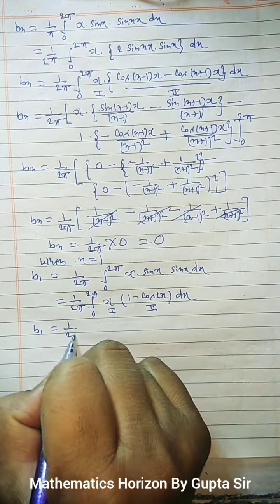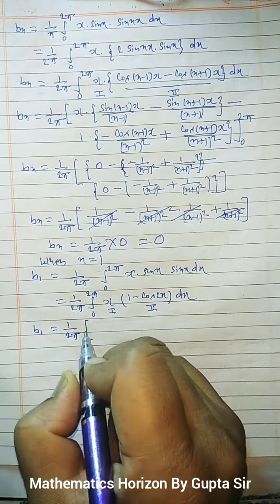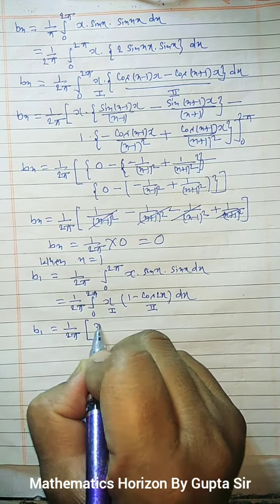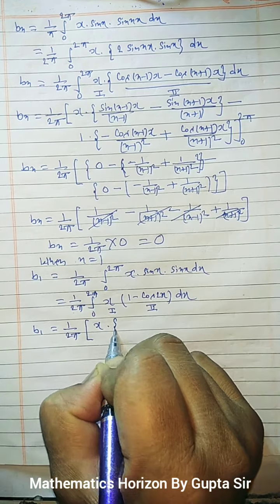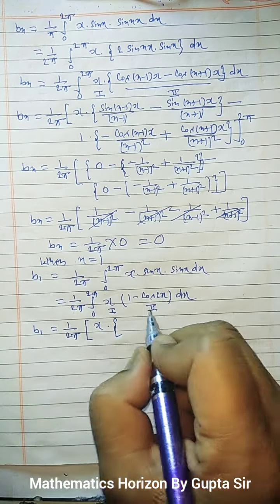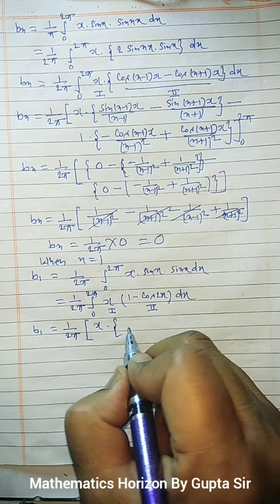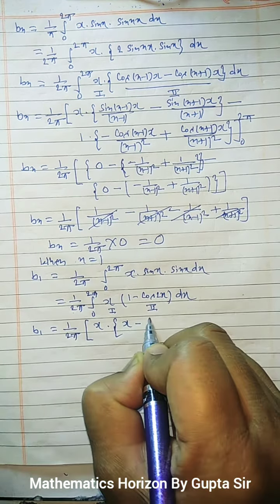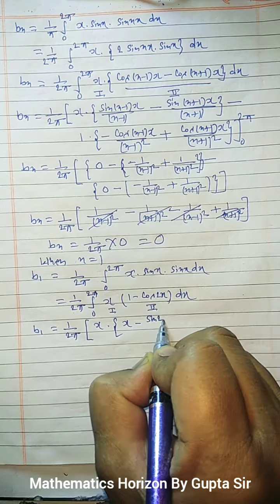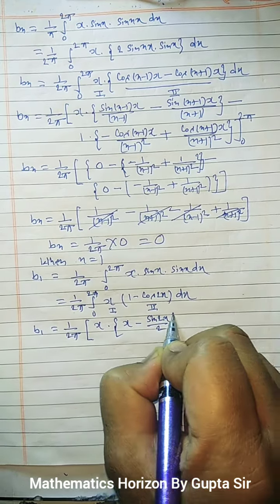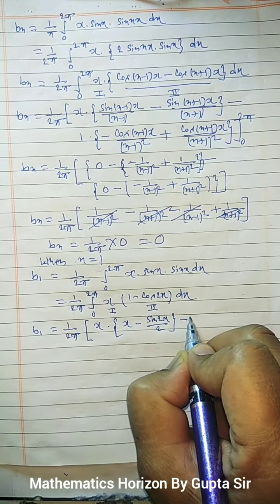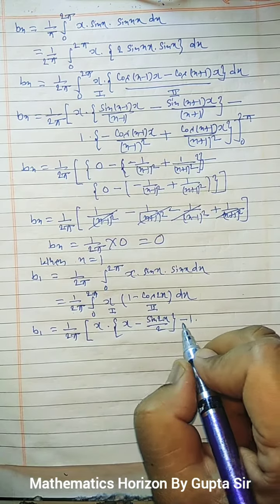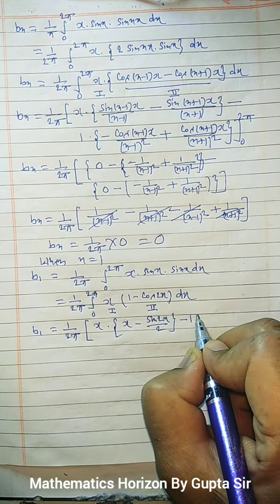1 upon 2 pi. First function means x, integration of second function 1 minus cos 2x, integration of this is x minus sin 2x upon 2, minus differentiation of first, which is 1, integration of this term.